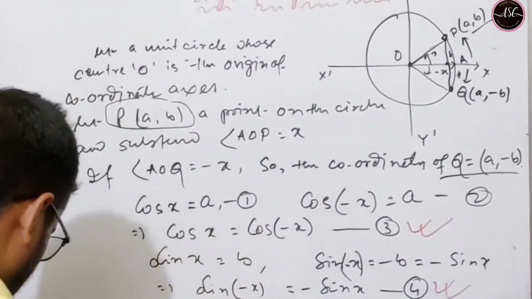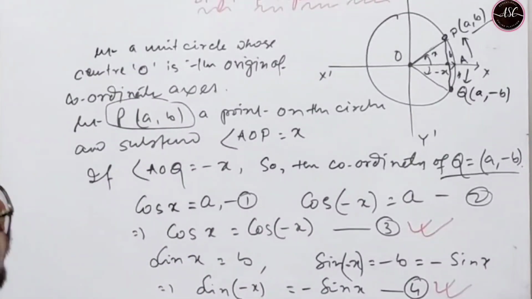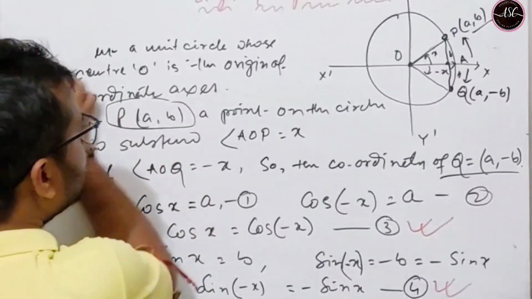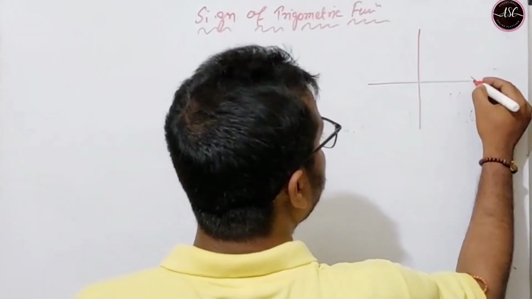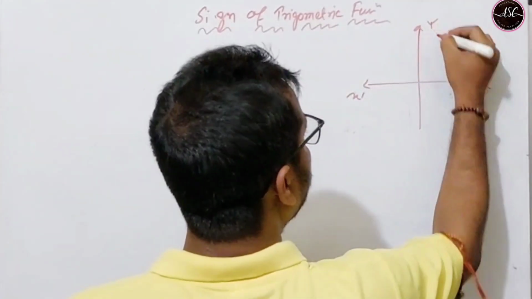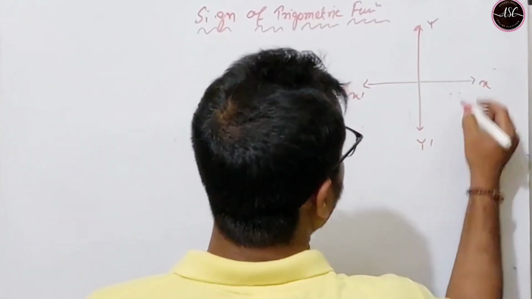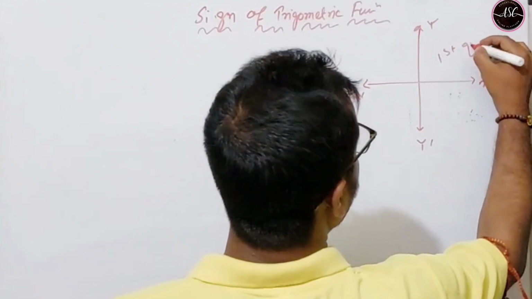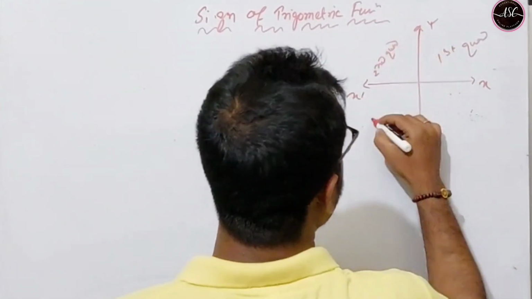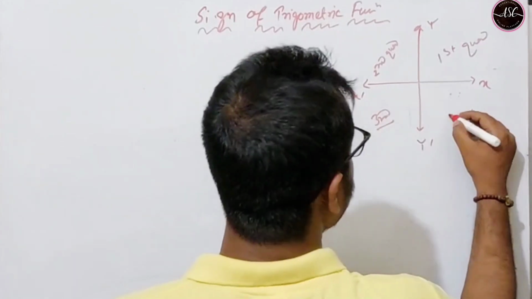Okay, so now let's see the value of various trigonometric functions in the quadrants. Here x dash, this is y and this is y dash. This is the first quadrant, this is the second quadrant, this is the third quadrant and this is the fourth quadrant.